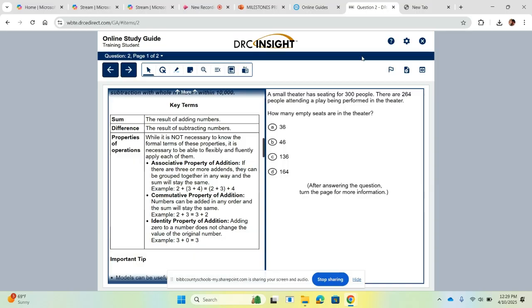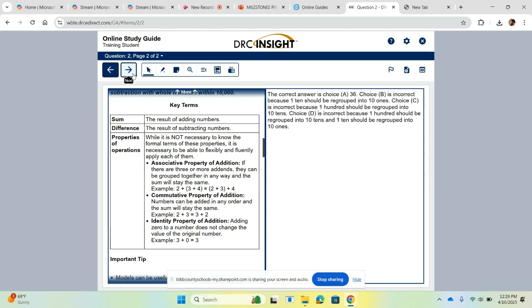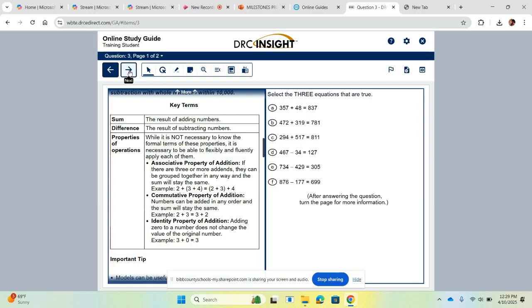That there are going to be 36 seats that are empty. And guess what? It allows you to check, but it also gives you the correct choice, which is 36. But I like what they've done with the tutorial this year. I wish the ELA portion was like this, but it also gives you the reasons why the other ones were not. You need to go through this with your students.